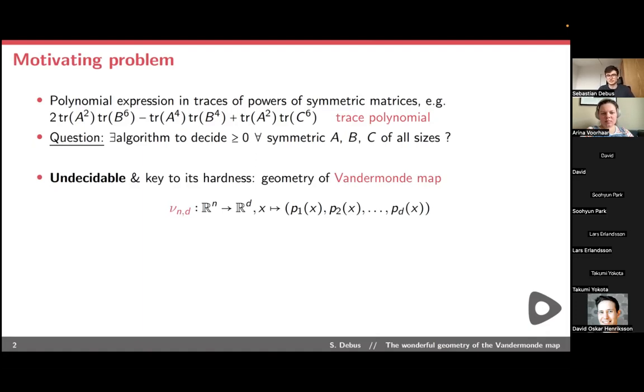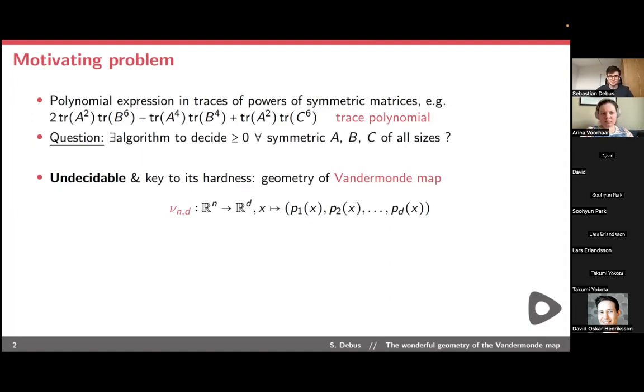So we have to understand the geometry of the Vandermonde map, and then we can prove that for any polynomial in general, we cannot give an algorithm. Nobody can give an algorithm. This is an undecidable problem.